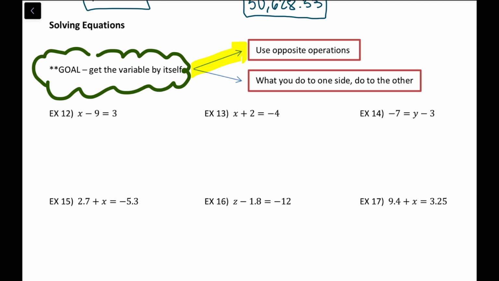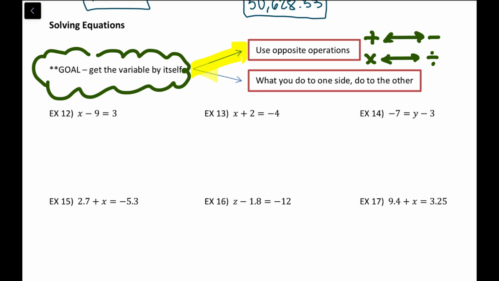When I say opposite operations, think the opposite of addition would be subtraction, but we can go the other way and say the opposite of subtraction is addition, so it works both ways. Same with multiplication and division. The opposite of multiply is divide, the opposite of divide is multiply.